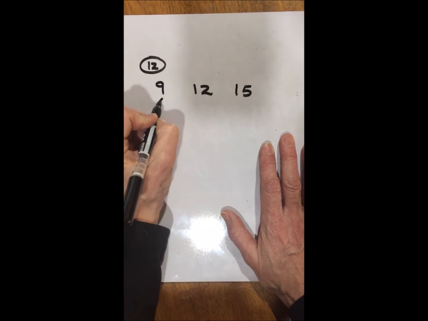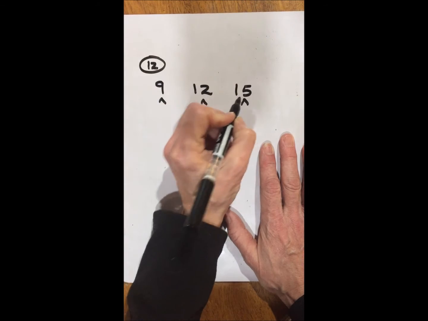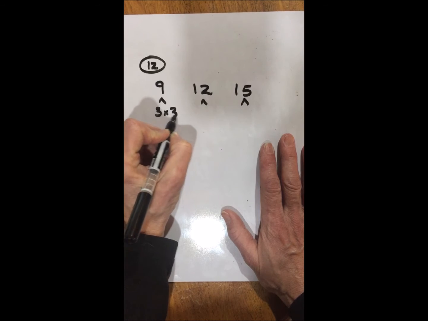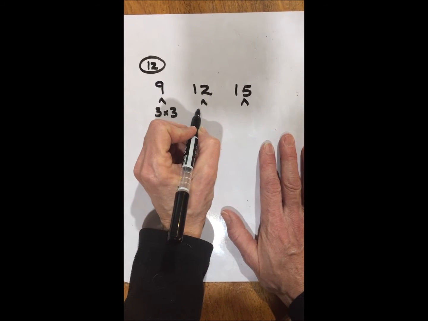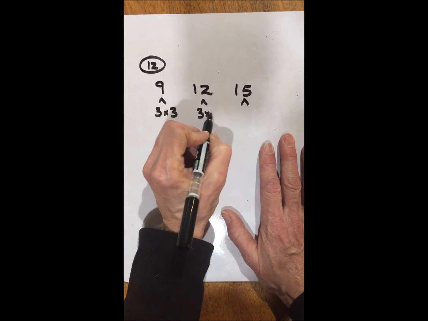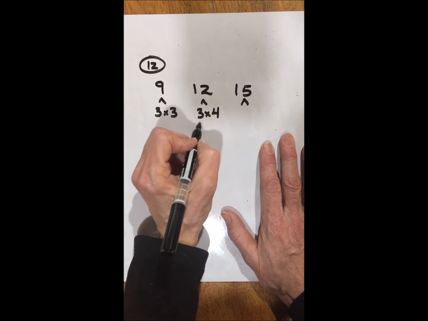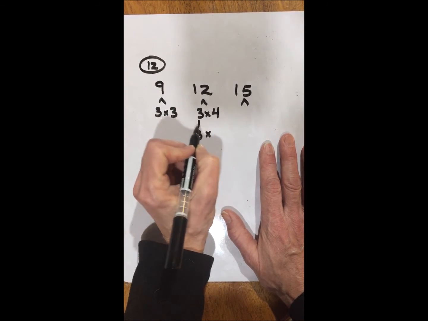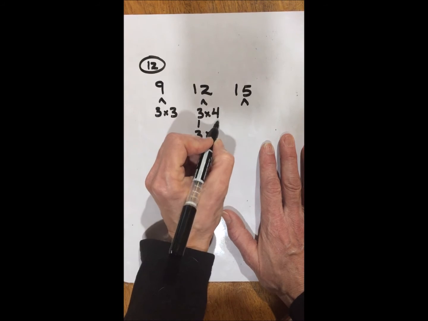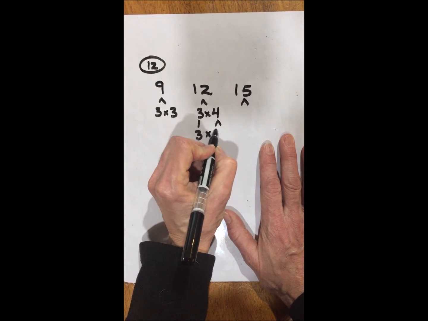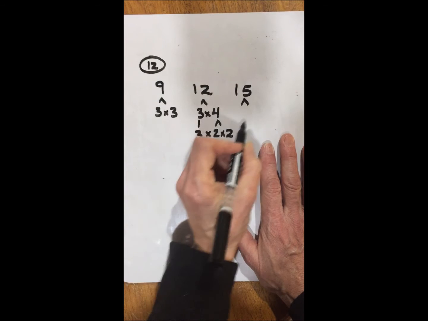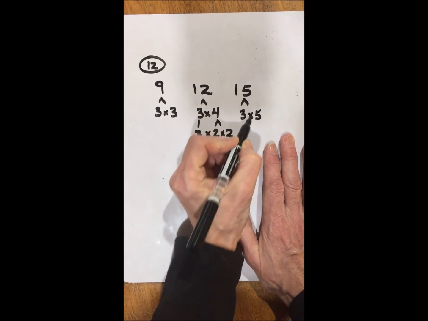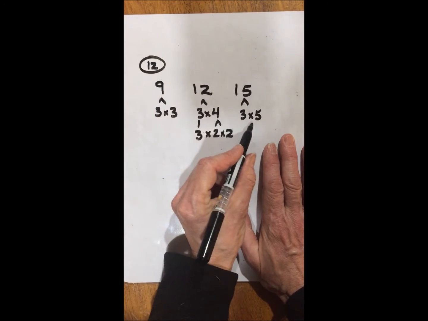We're trying to find their least common multiple. 9 is made by the factors 3 times 3. 12 is made, I'm going to say 3 times 4. Bring the 3 down and break down the 4 into 2 times 2. And then 15 is equal to 3 times 5. And those are prime numbers already.